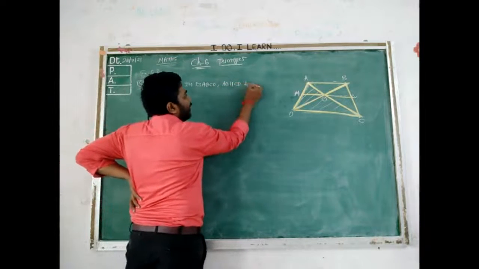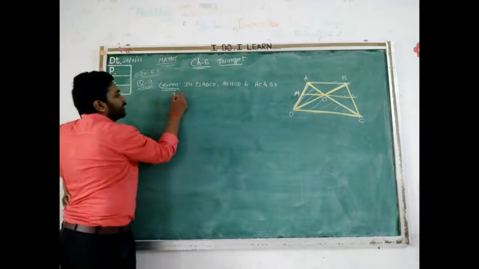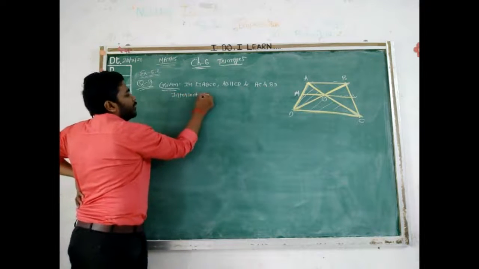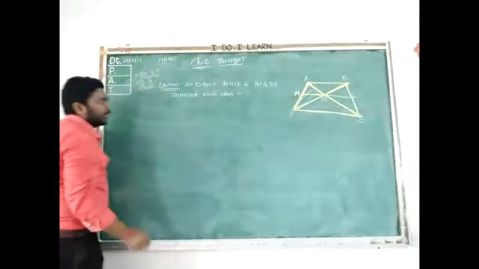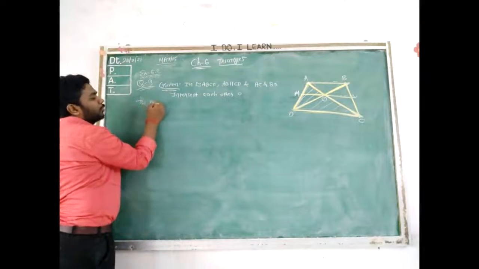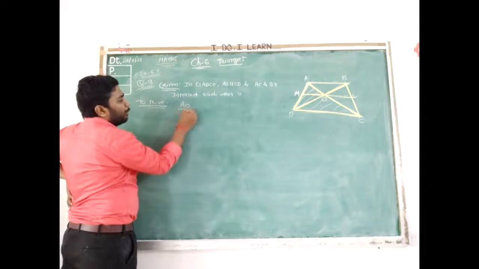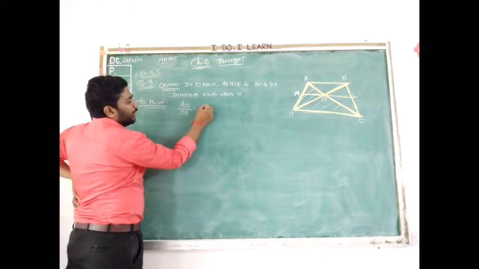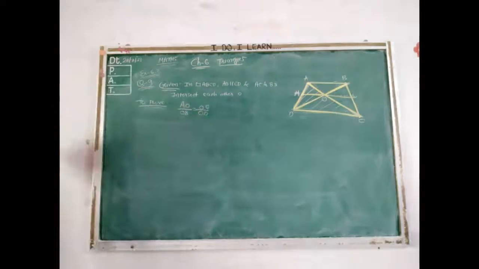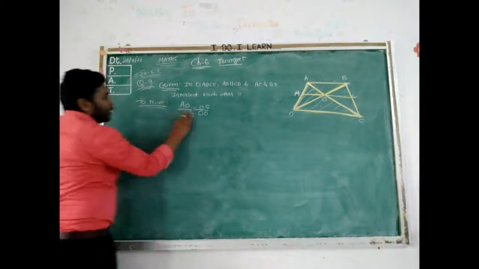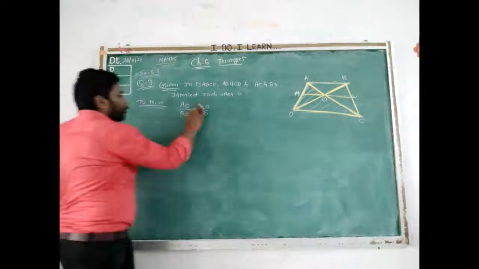This is given to us, and AC and BD intersect each other at O. Now we have to prove that AO upon BO is equal to CO upon DO.